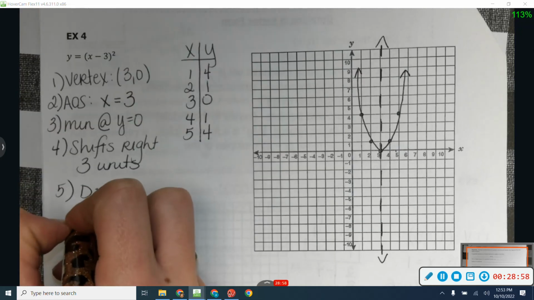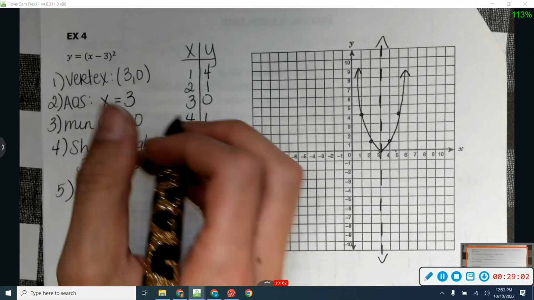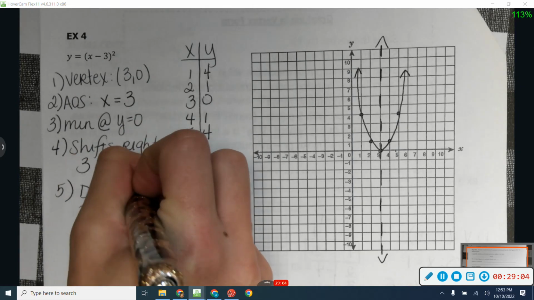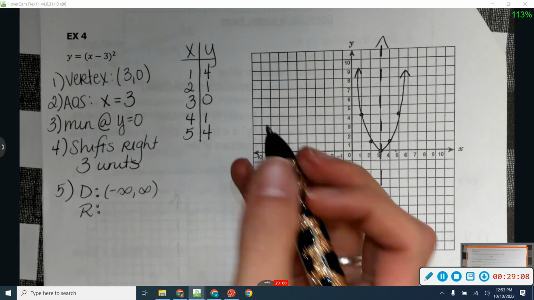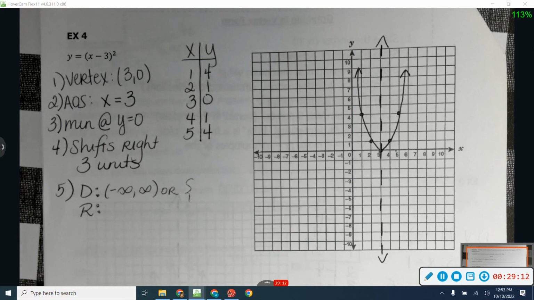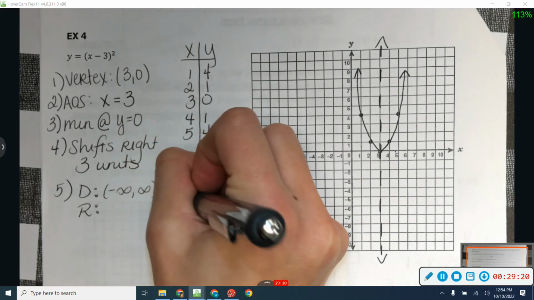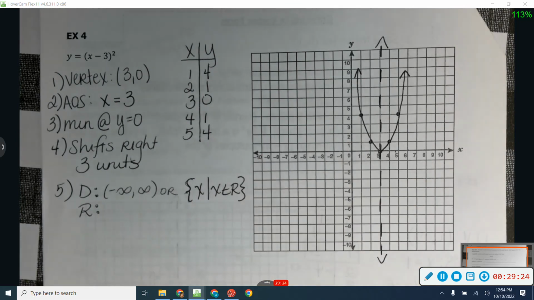And range, domain is going to be negative infinity to positive infinity. Okay, what about my range?